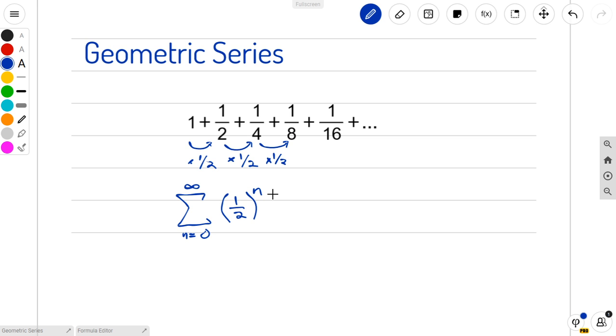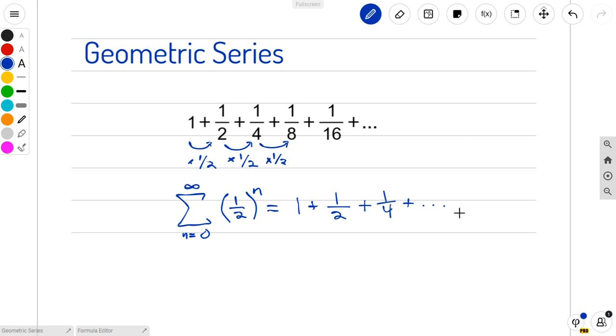So plugging in n equals 0 would give you the first term of 1, and then 1 would give you 1/2, and 2 would give you 1/4, and so on, and it would add all of these terms together, right? This would be our geometric series.